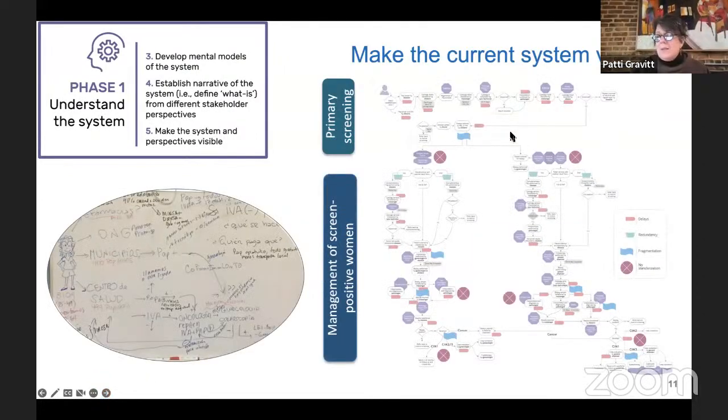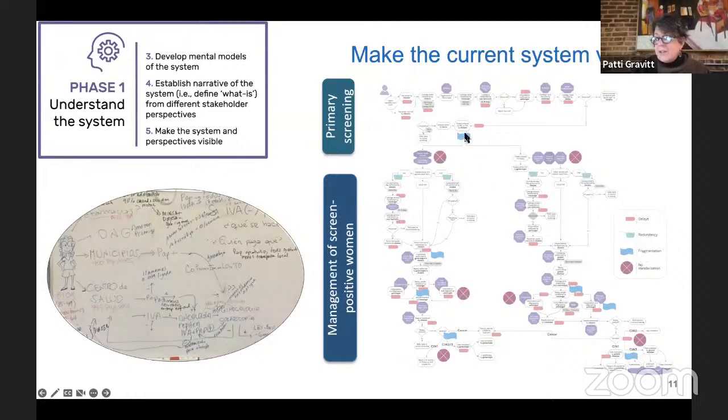And what we got then was a much more complex flow chart of what actually happens versus what should be happening. And this was really an eye-opener, because it started to highlight what was then agreed upon by all the stakeholders in the system, where we had major delays in the system because of a variety of reasons. We had redundancies in the system.